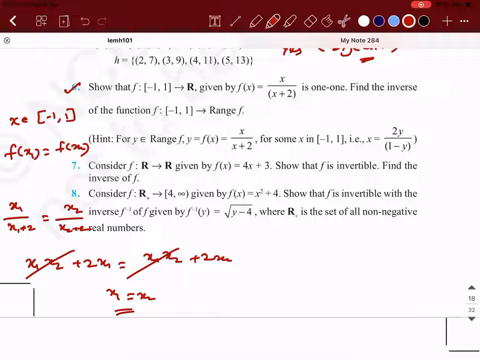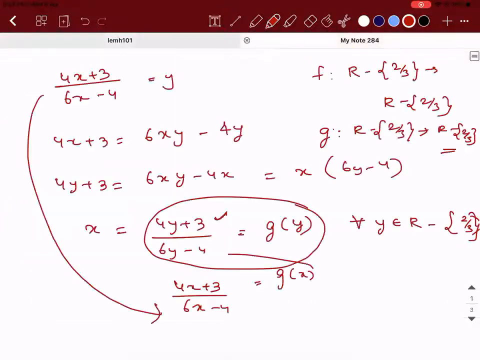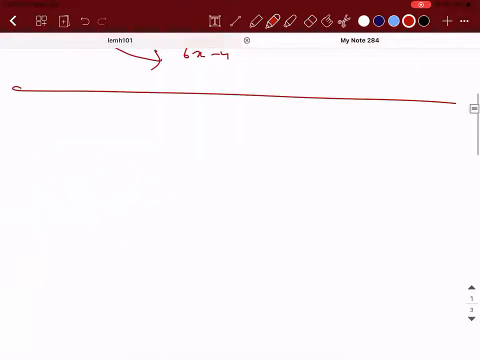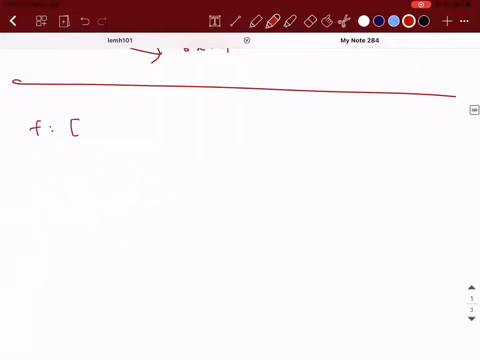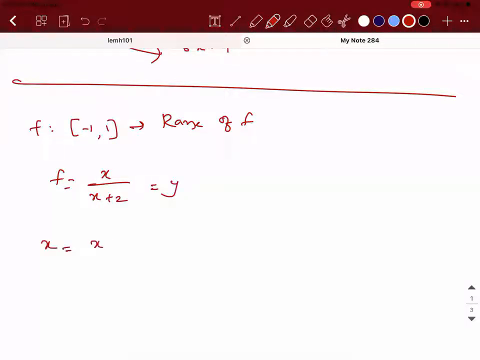So how do we proceed? Same steps. So what is the question, guys? F is mapped from -1 to 1 to the range of f. So what is the question? F is equal to how much, sir? X divided by x plus 2. Okay, we'll assume this to be y. So x is equal to xy plus 2y, which implies x into 1 minus y is equal to 2y.